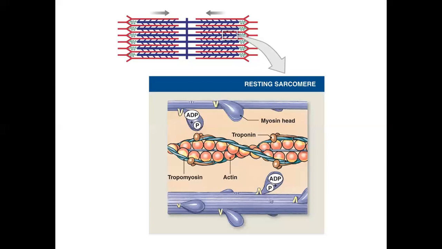Now, before I go to step 2, I want to alert you that all these myosin heads had attached to ATP before. Because we have inbuilt ATPase activity within the myosin head, upon attaching to ATP, the enzyme activity on the head will cleave the ATP into ADP plus inorganic phosphate.